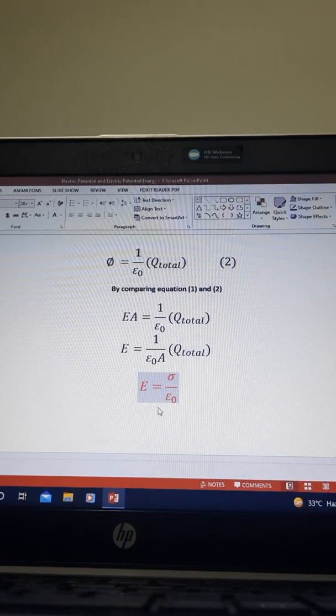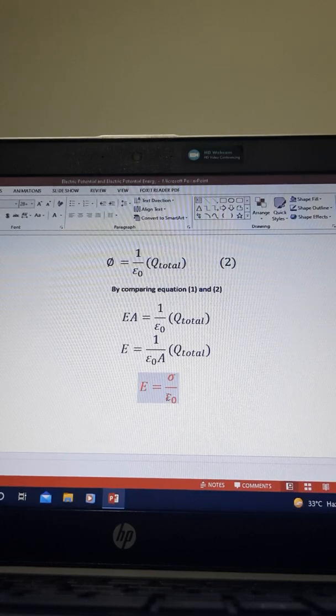Here, look from this equation, we can say that electric field is dependent on charge distribution and the nature of the medium. This is the charge distribution and this is the nature of the medium. So basically it is again obeying the Gauss's law.